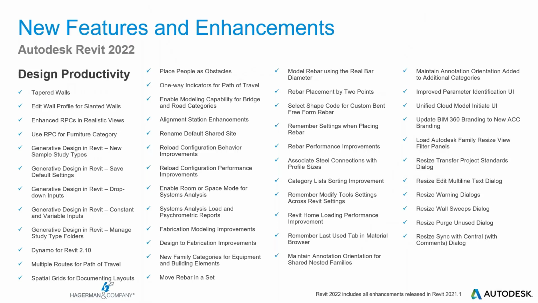And here's a list of features for design productivity. As you can see, there are a numerous amount of improvements, and of course, there is something for almost every Revit user. I will pause for a moment so you can peruse the list. Maybe something will catch your eye, but like I said, there's something for pretty much everyone here.